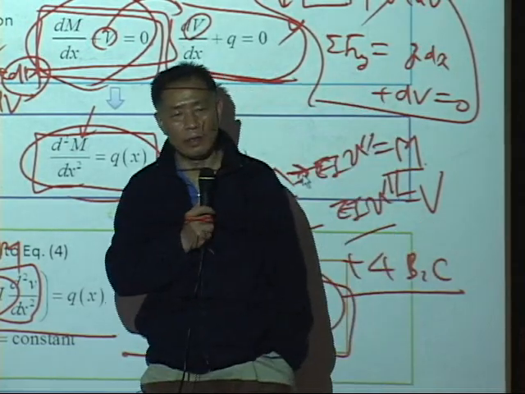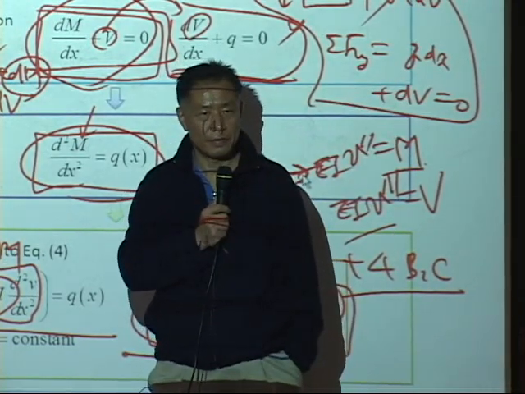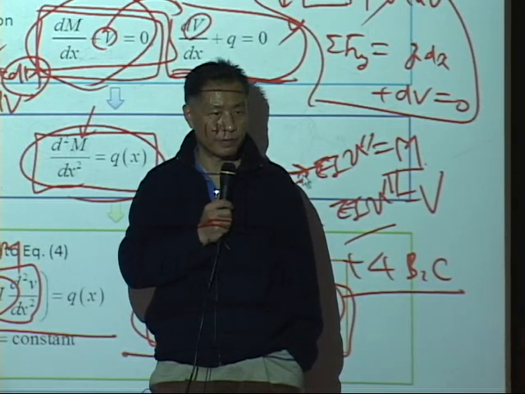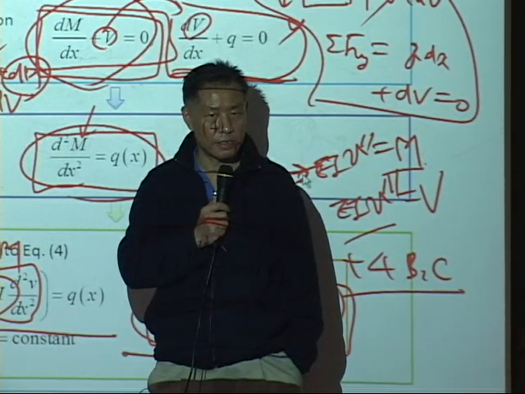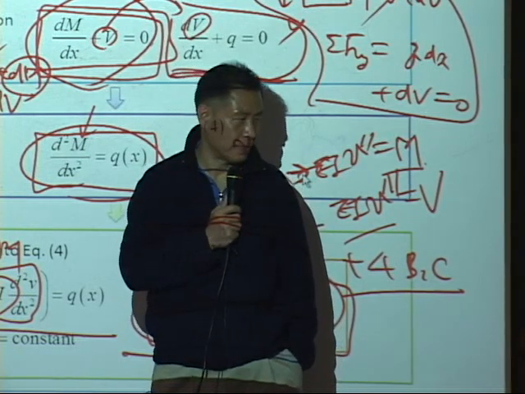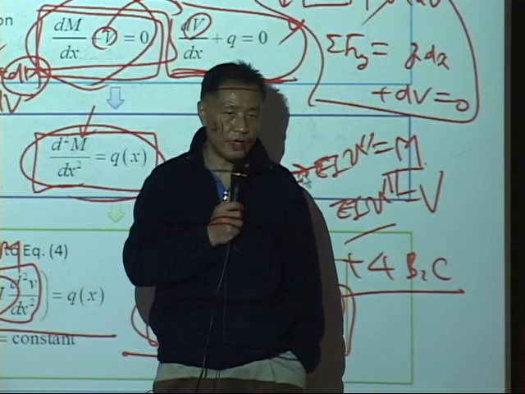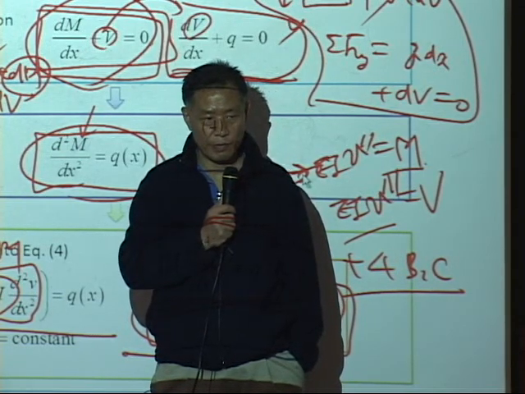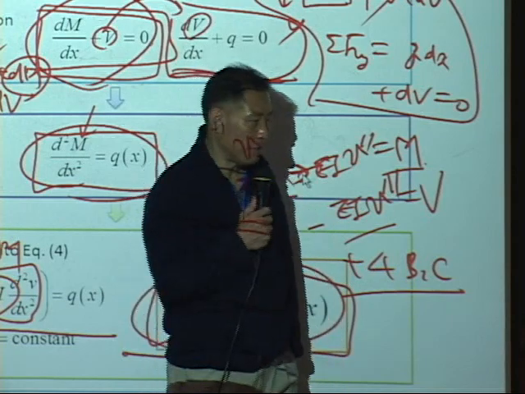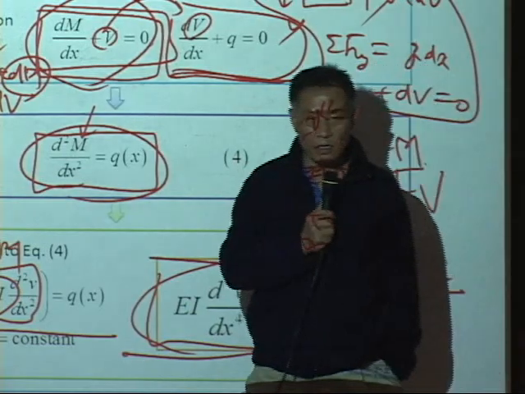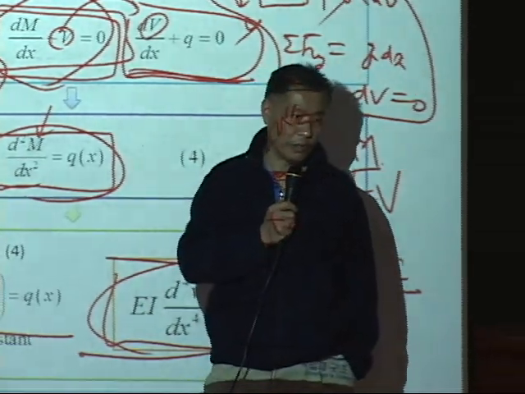Now, what's the next one? Now we need to consider equilibrium. The y-directional equilibrium equation, what is that? dV/dx plus Q equals 0. And what is the moment equilibrium equation? dM/dx plus V equals 0.